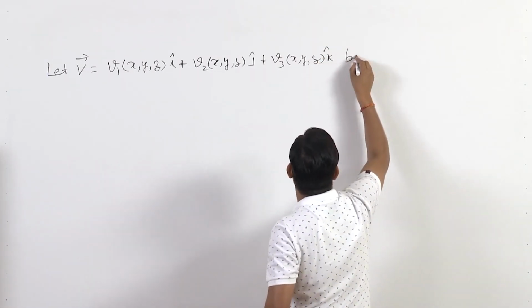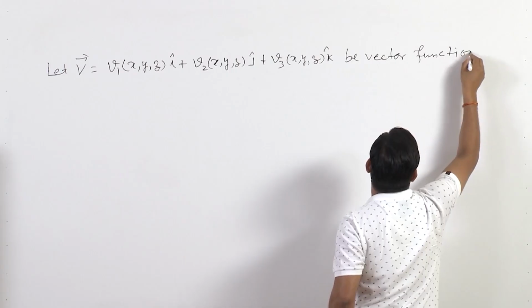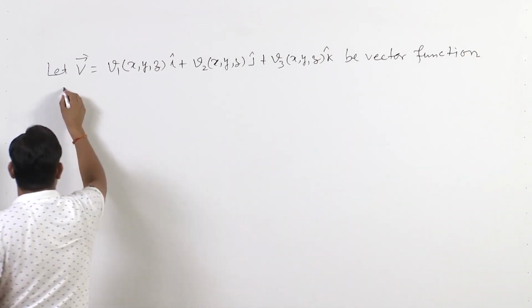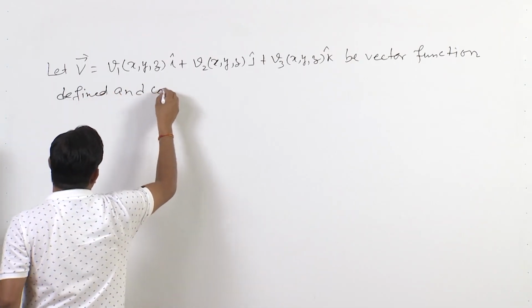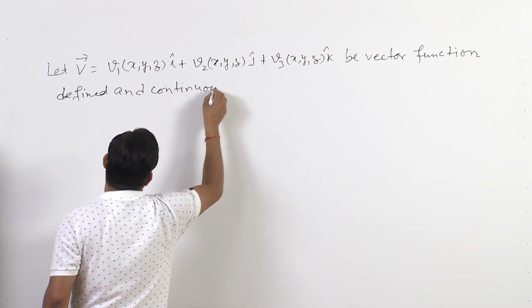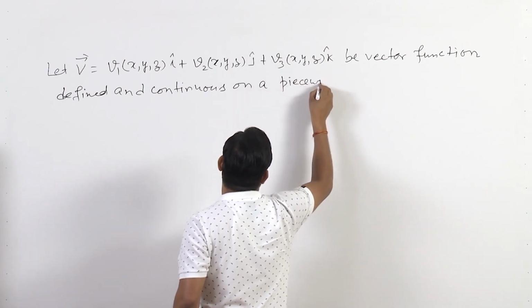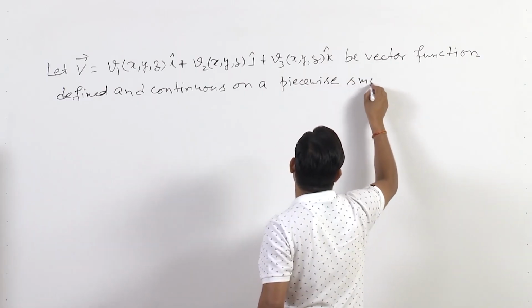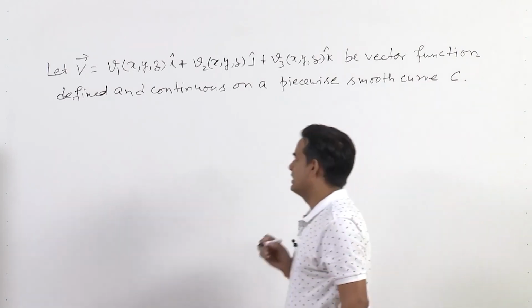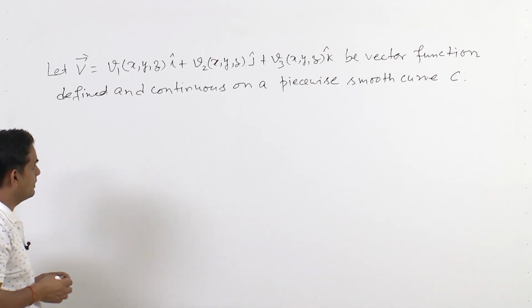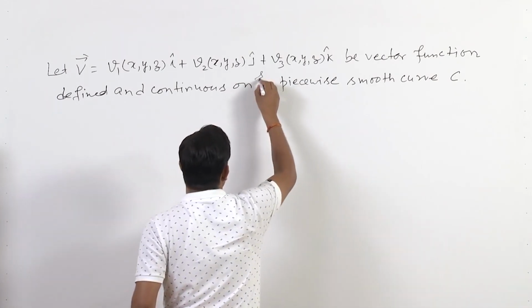So, let V be a vector function which is defined and continuous on a simple piecewise smooth curve C.